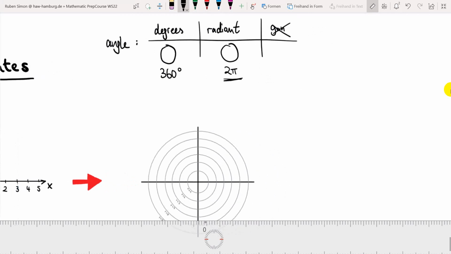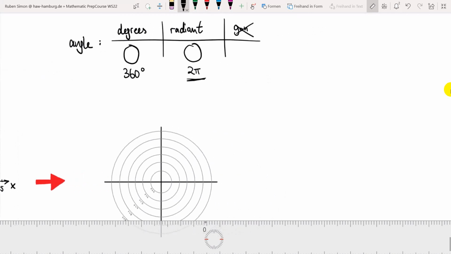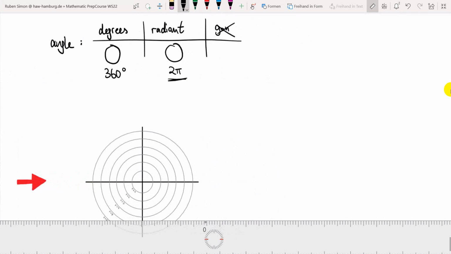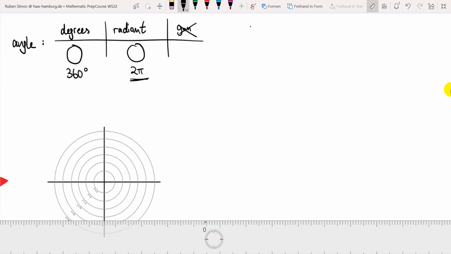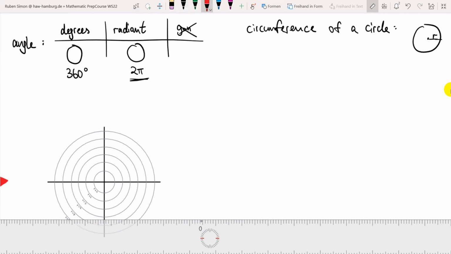Maybe some of you already remember the formula for calculating the circumference. I don't know if that's the term. Circumference of a circle, Umfang in German. So how can we calculate the circumference of a circle which has a certain radius? If this is the radius r of the circle, how can we determine the length of its circumference?